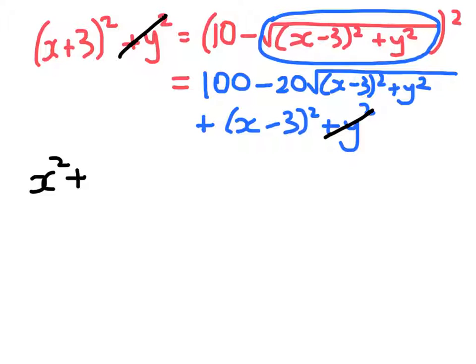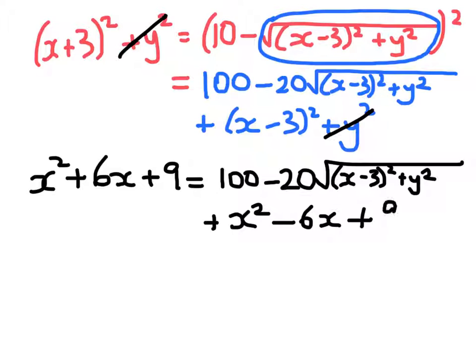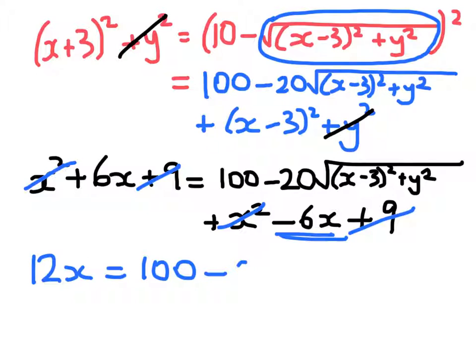I get x squared plus 6x plus 9 equals 100 minus 20 root of this thing plus x squared minus 6x plus 9. So again, I can subtract some terms from both sides, and now I'm going to add the negative 6x on. So I end up with 12x equals 100 minus 20 times that.